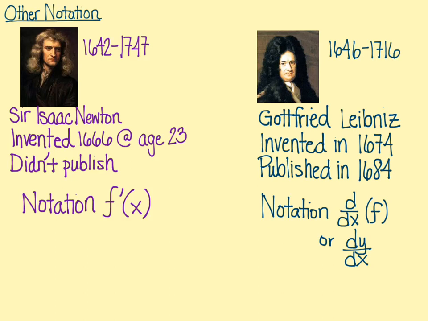And the notation that he used was d by dx of f, or dy by dx. So even though it looks like a fraction, we read it as dy by dx. So the reason that we have these two different notations is because calculus really was invented by both of these people, and in some cases it'll be easier to use one person's notation than the other.